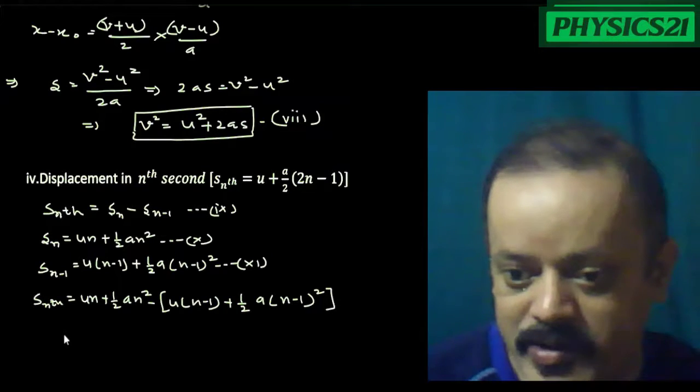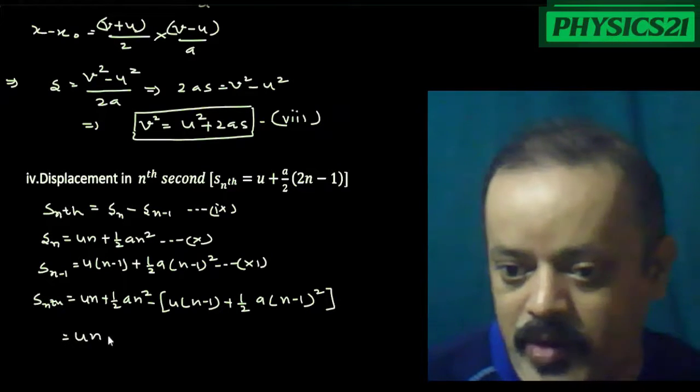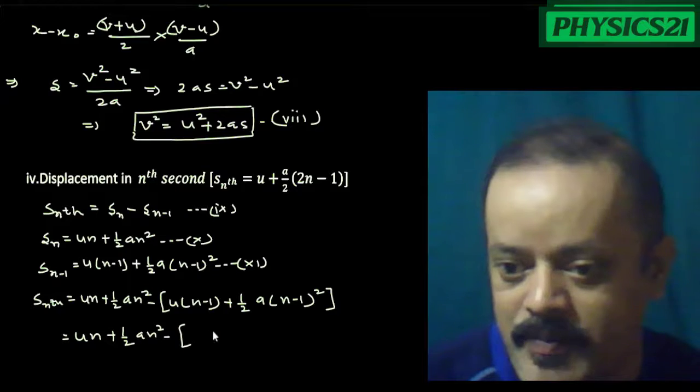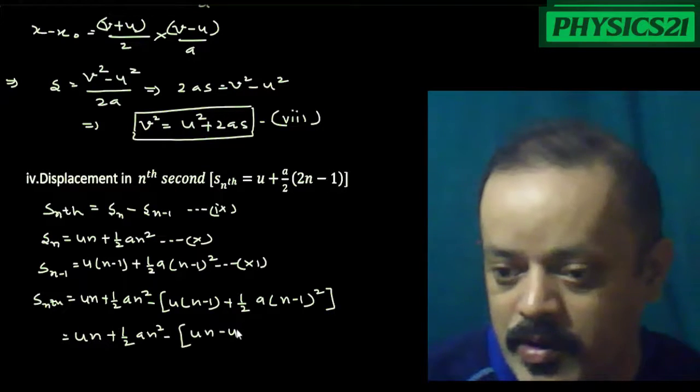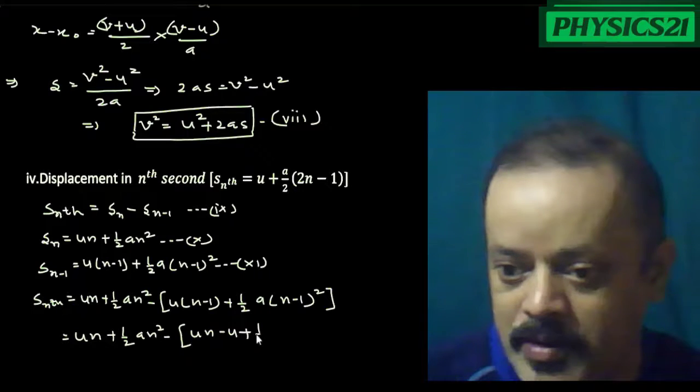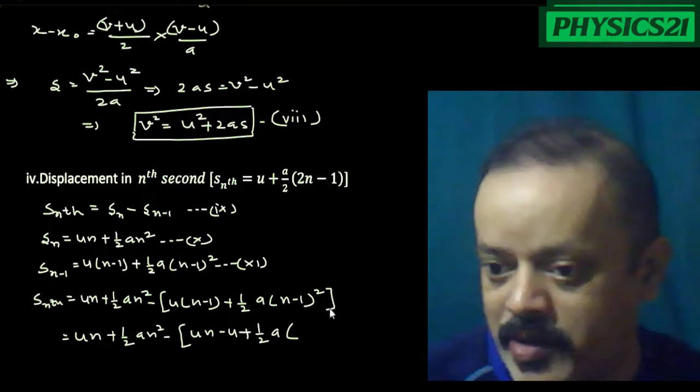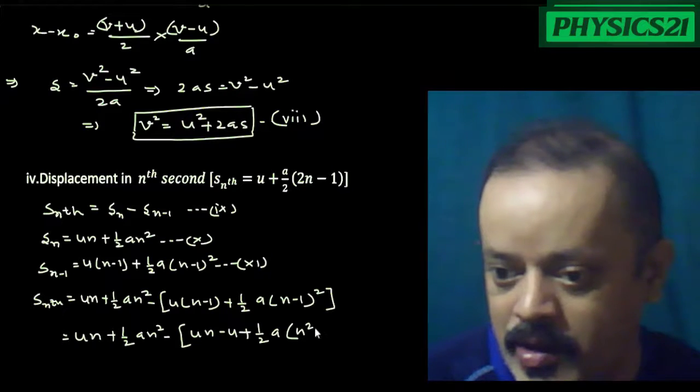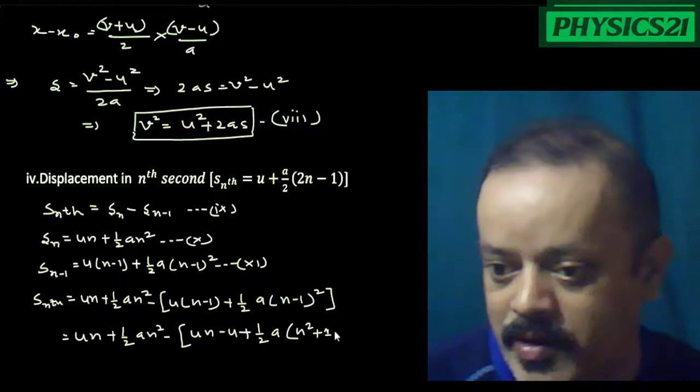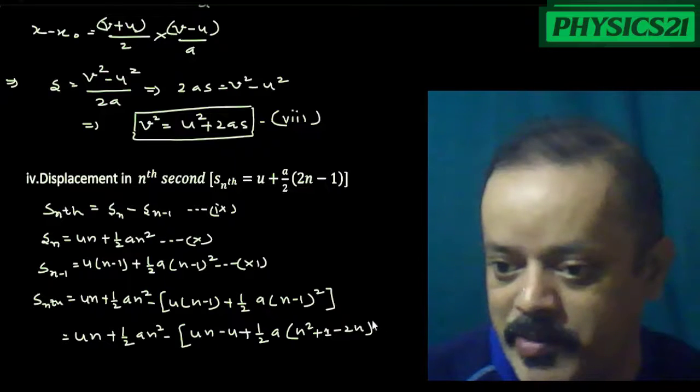Now simplify it. In the next step, un plus 1 by 2 an square minus un minus u plus 1 by 2 a, using a minus b whole square, n square plus 1 minus 2n will be there.